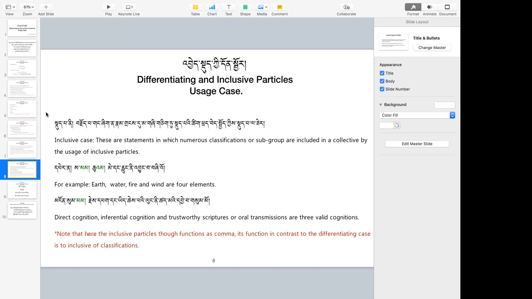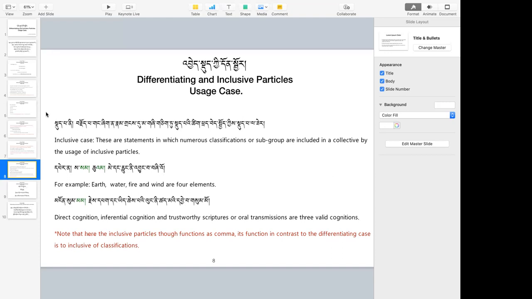And then the second thing was that sometimes in the classification, the particle functions as a comma. Sometimes it also functions as "or" to provide options. But even though it is used as "or," there are two different usages: one as an answer statement, one as a question statement. And the question statement is an interrogative usage case of the differentiating and inclusive particle.